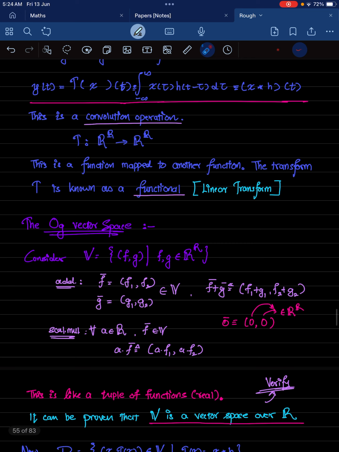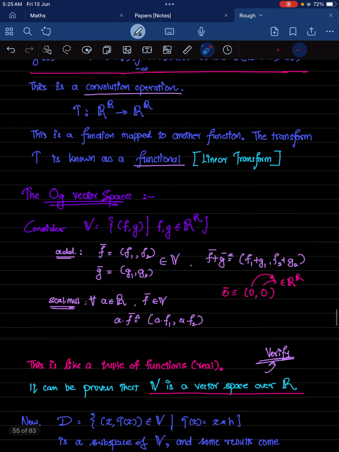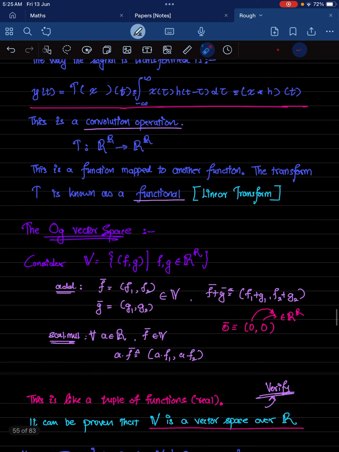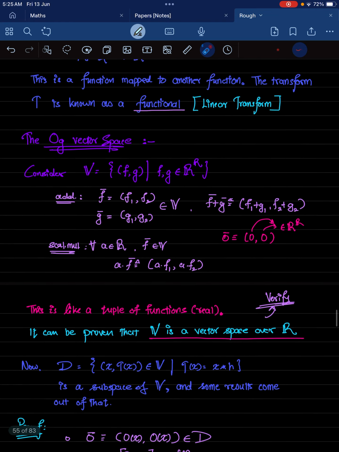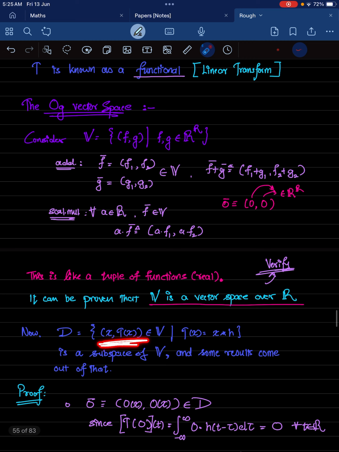So the whole point of this is that I consider some bigger space, I establish that as a vector space, which is easy to do, and then using the three conditions for a subspace, I establish the required set, that is all pairs x and T of x, as a subspace of this bigger vector space V.